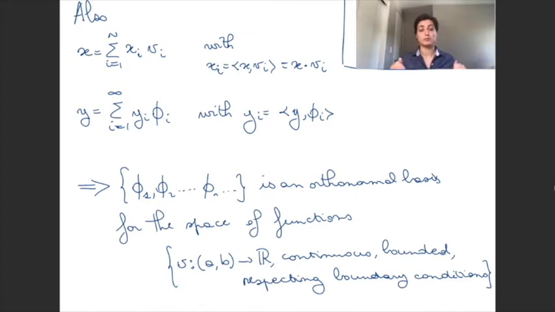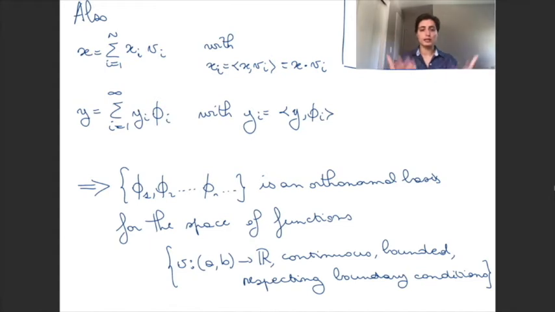The same formulation can be used for y being a function. Then we can write it as an infinite sum of yi times the eigenfunctions phi i, where yi is indeed the inner product between y and phi.